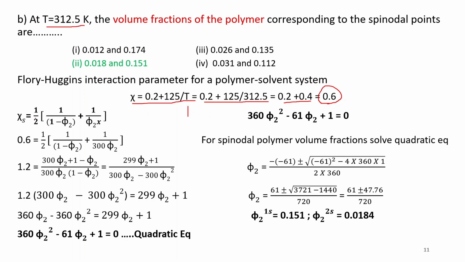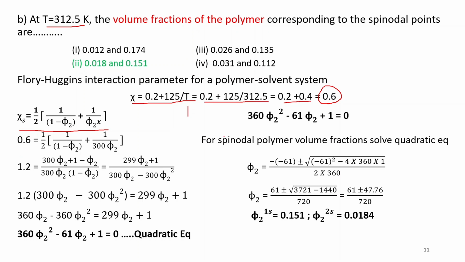Now we need to calculate the volume fraction of polymers at the spinodal points. So we can apply this formula, which is chi s equals half multiplied by 1 upon 1 minus phi 2, which is the volume fraction of the polymer, plus 1 upon phi 2 x, which is the volume fraction of polymer multiplied by the segments.